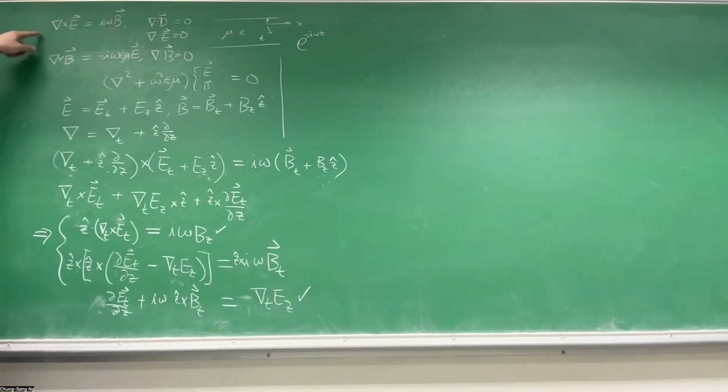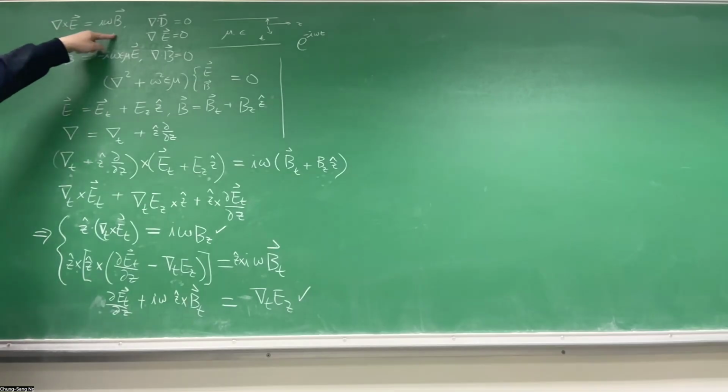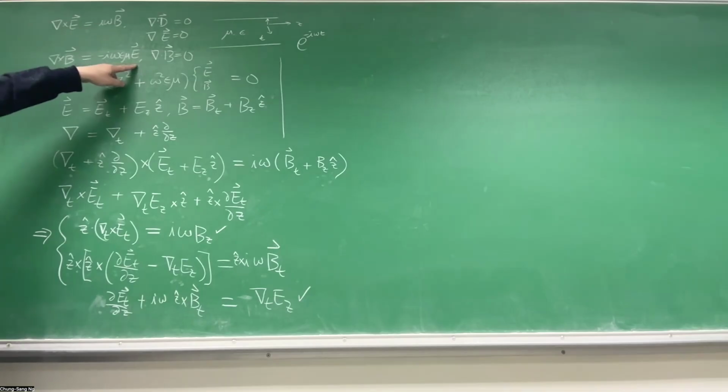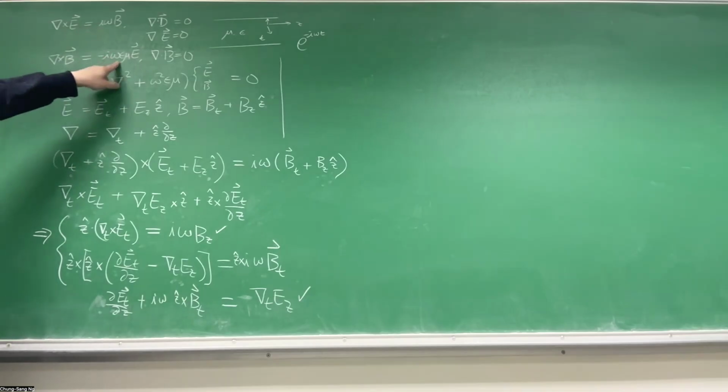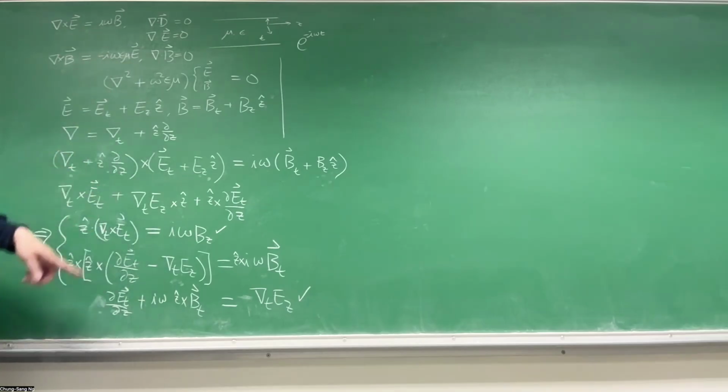All you need to transform this to that is, whenever you have E, you change it to B, right? Whenever you have B, change it to E. Whenever you have iω, change to minus iωεμ. Everything will be the same.